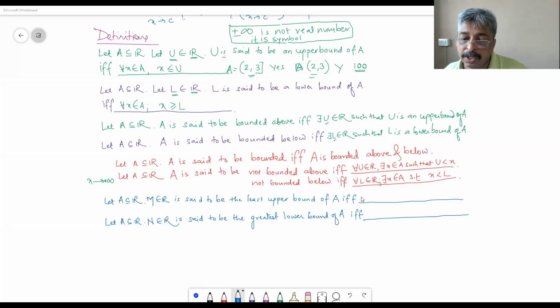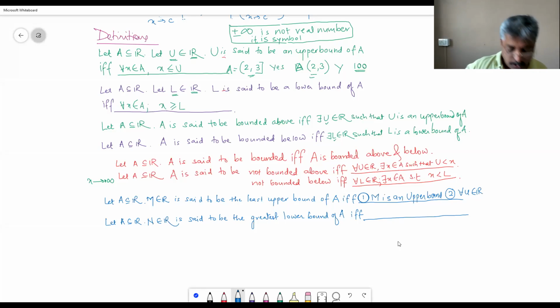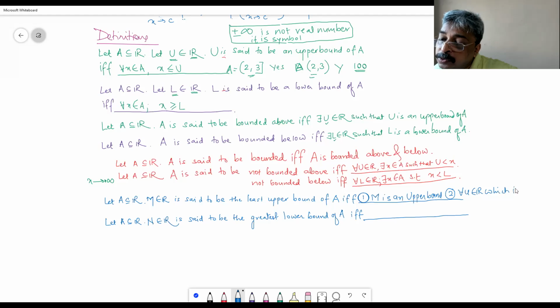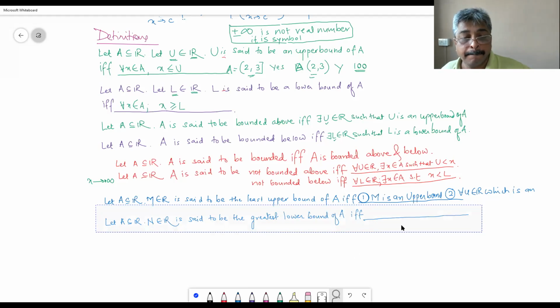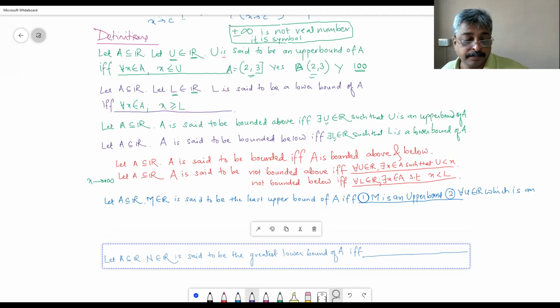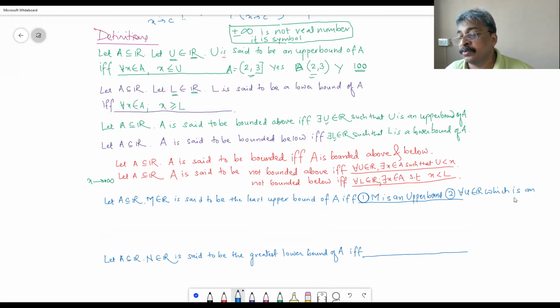If and only if: 1, M is an upper bound, and 2, for every u belonging to R which is an upper bound of A, M is less than or equal to u.